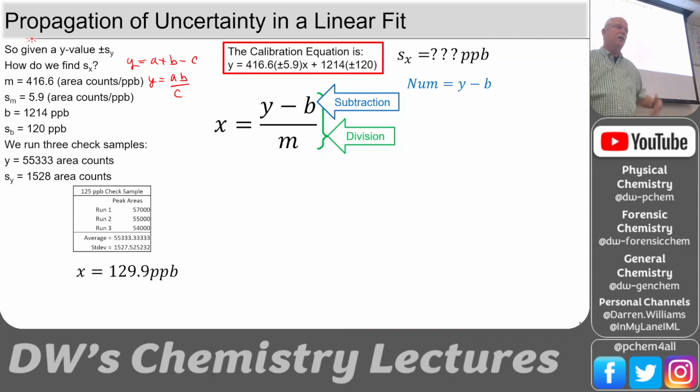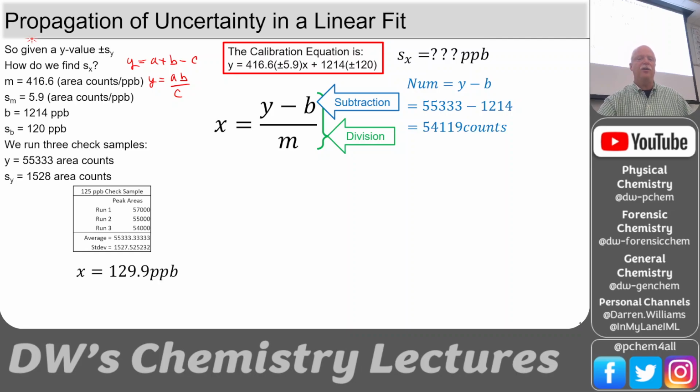So the numerator, we're just going to call it numerator, y minus b. So let's take that, 55,333 minus 1214. So there's our numerator, 54,119. So that one you probably have to write off to the side. There's your numerator. And then we're going to calculate S-num, the uncertainty in that numerator, using the variances. We're going to square the uncertainties in Y and square the uncertainty in B, add them together and take the square root.